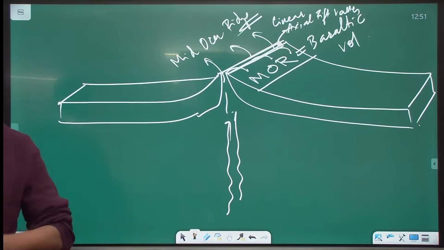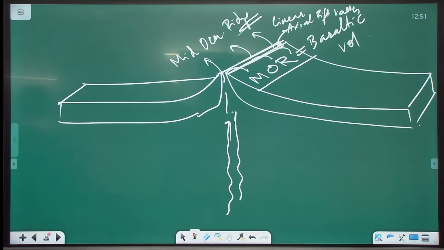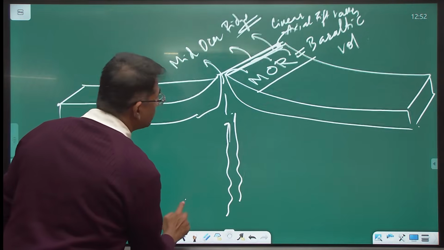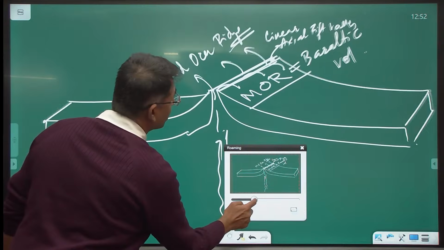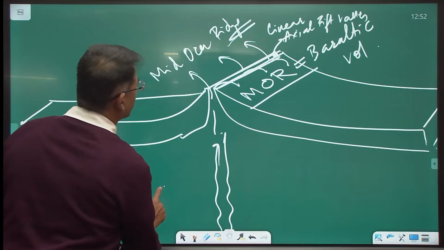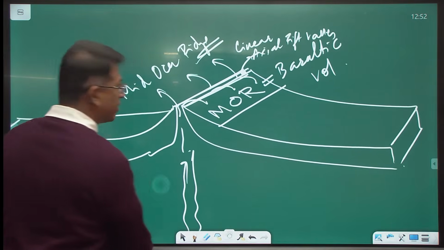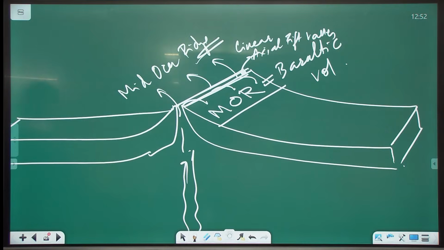Linear means along the length. It is the linear axial, A-X-I-A-L, linear axial rift valley. Linear along the MOR. Linear axial rift valley.